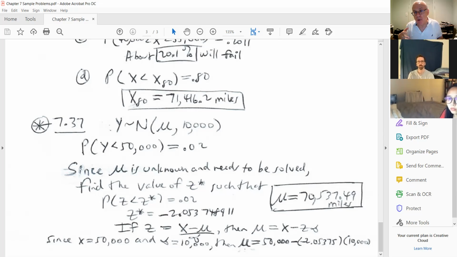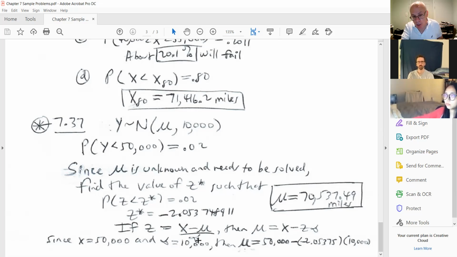All right, so this is where you have to be familiar with these formulas. The conversion of a normal random variable to its standard normal. We can always go backwards, right? If we know the Z, we can find the random variable, or we can find anything else in this formula.